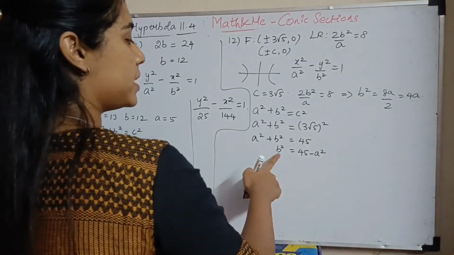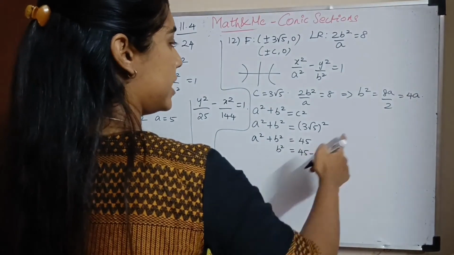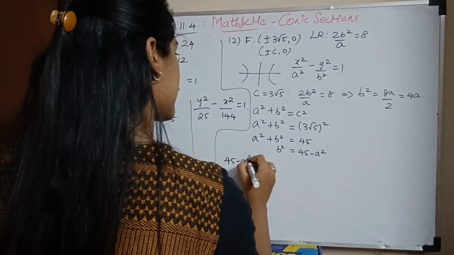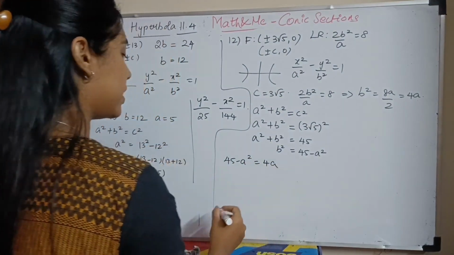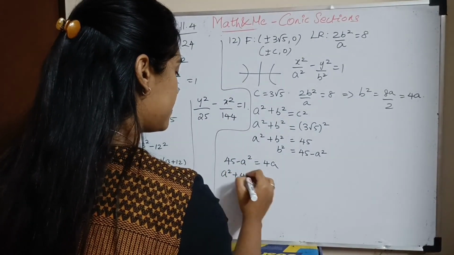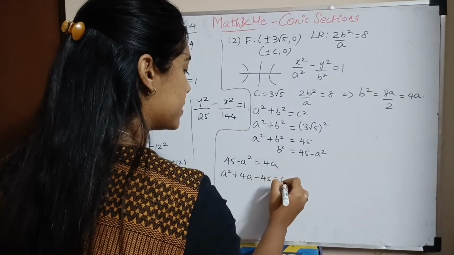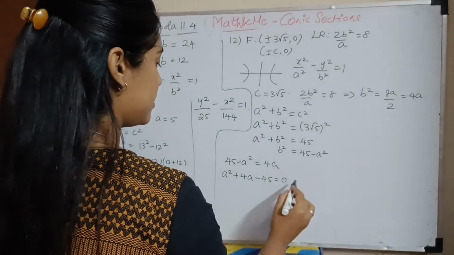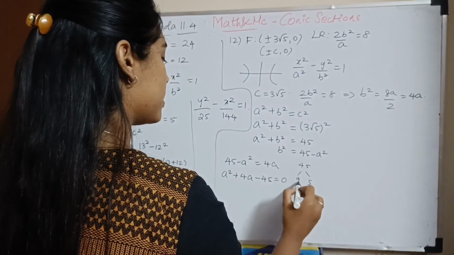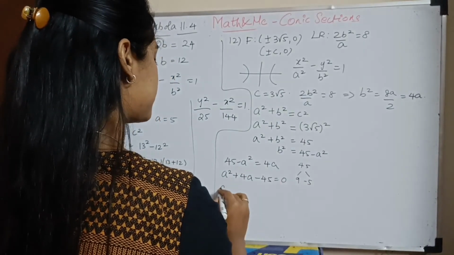Okay. So now I have b square on my left hand side. I can equate my RHS. So I have 45 minus a square equals 4a. Bringing everything to my right hand side, I have a square plus 4a minus 45 equals 0. 5 9s are 45. 45 can be split as 9 and 5 with a minus sign for 5. Okay.